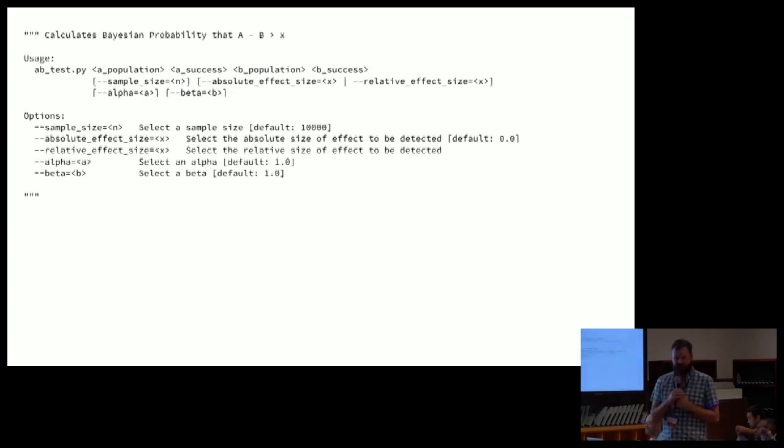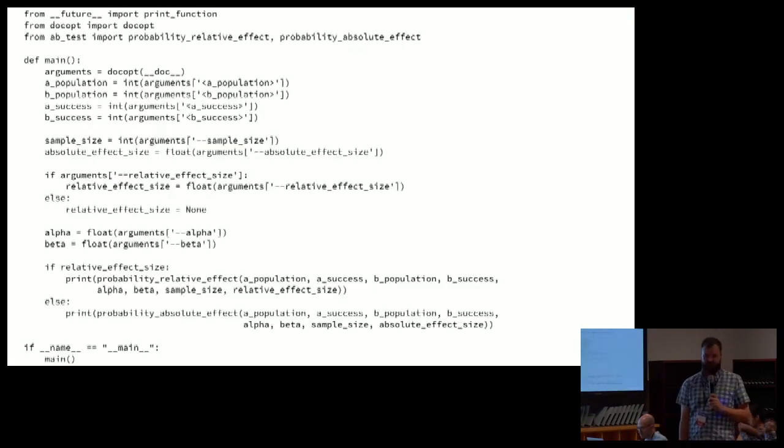So back to our Bayesian probability calculator. If this is our interface, this is the implementation to essentially run that. It's maybe 20 lines of code, not super crazy. Essentially, we just pull out all the variables that we care about. They're all coming in as strings, so we convert them to the appropriate numerical types.